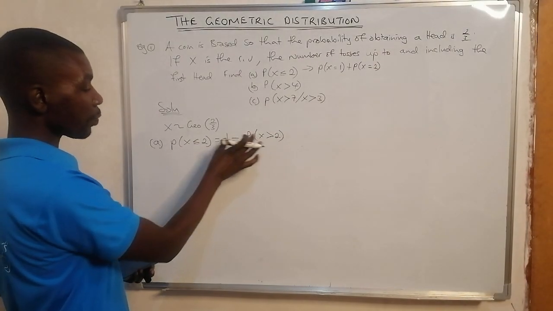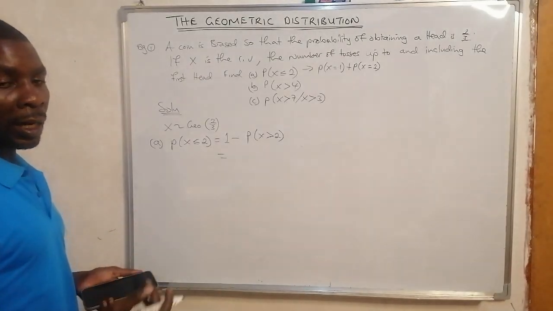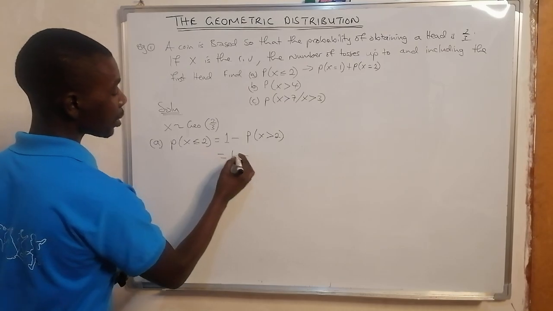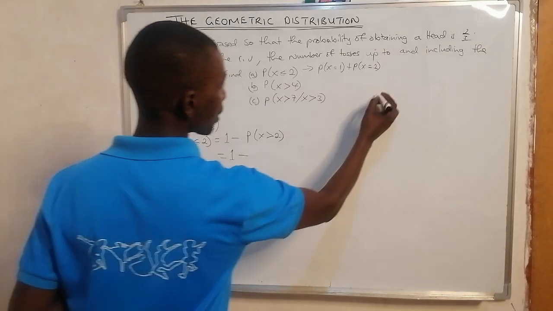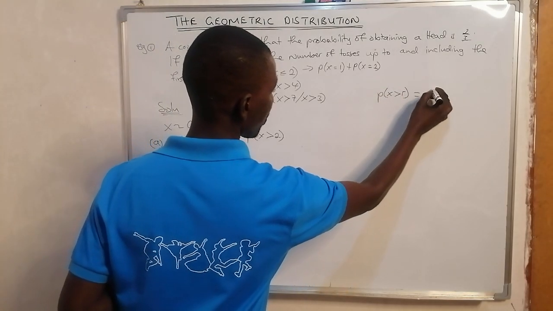So we can subtract from 1 whole because all the probabilities, both success and failure, add up to 1. So we can say 1 minus, remember our first result was P of x is greater than r is equal to q to the power r.